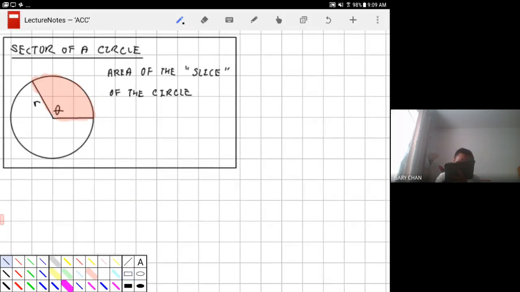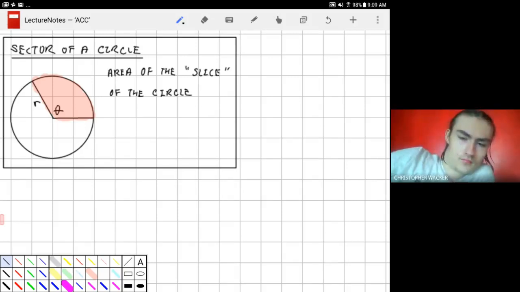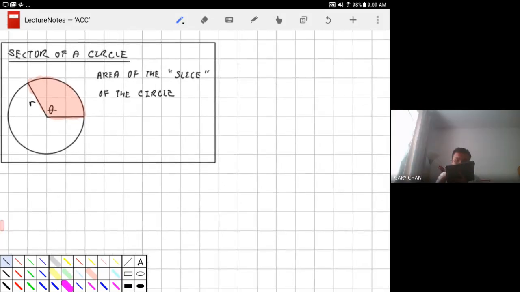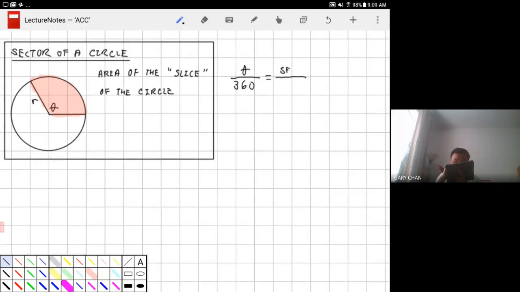Is the area of that shaded region there, the area of the shaded region to the area of the entire circle, proportional to theta over 360? Yes, it is. So again, the logic one more time: theta to 360 should be proportional to the area of the sector to the area of the circle.